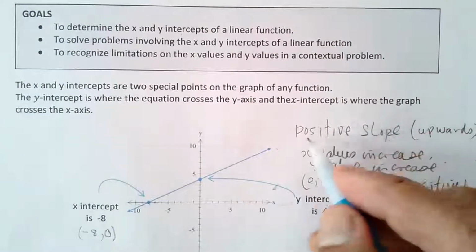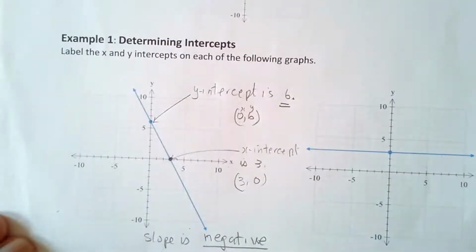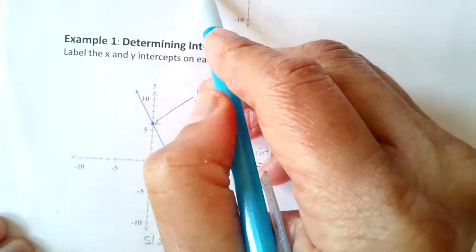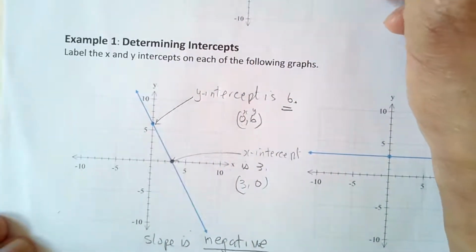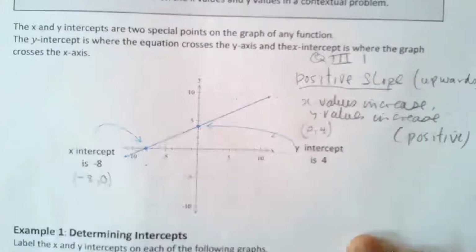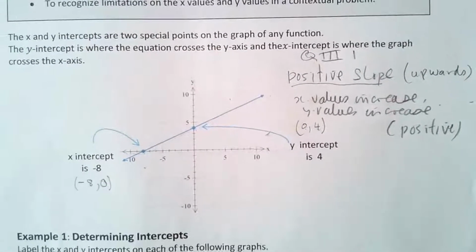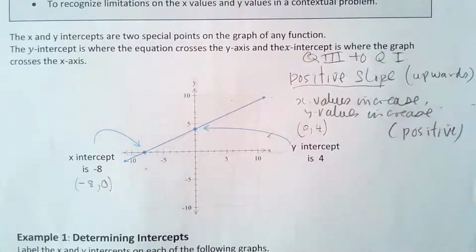While in a negative slope, it's going downwards. So upwards means positive, downwards means going negative. Or is it going from quadrant 3 to quadrant 1? So quadrant 3 to quadrant 1, so positive slope.